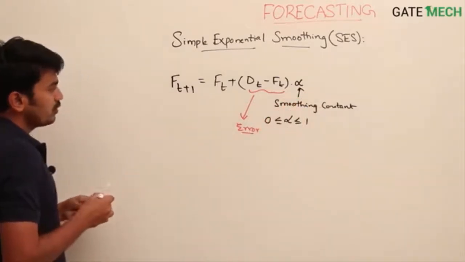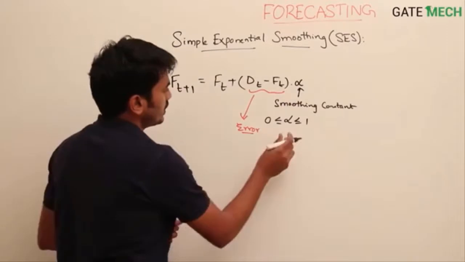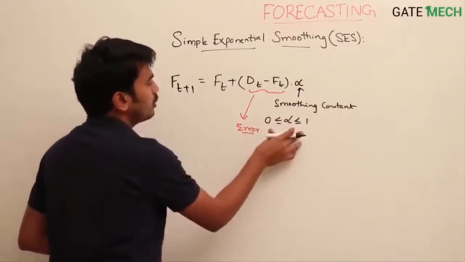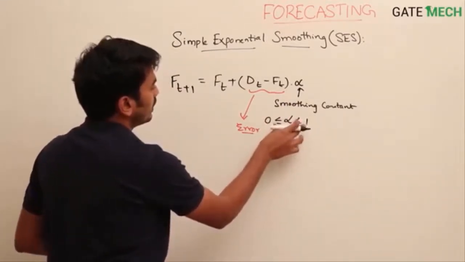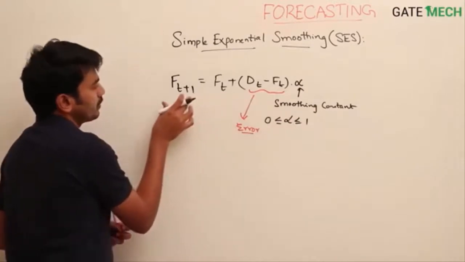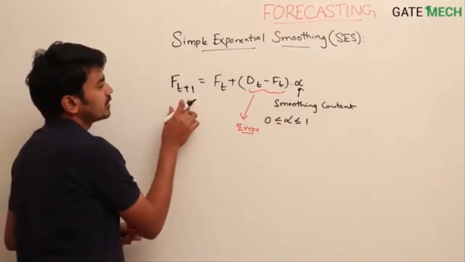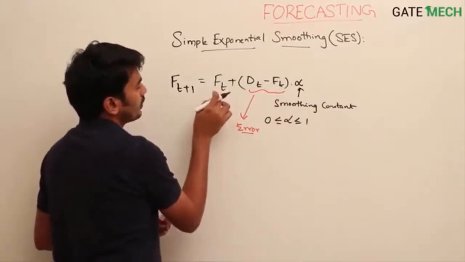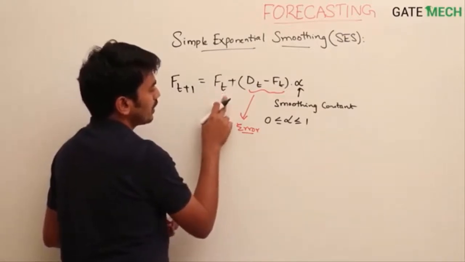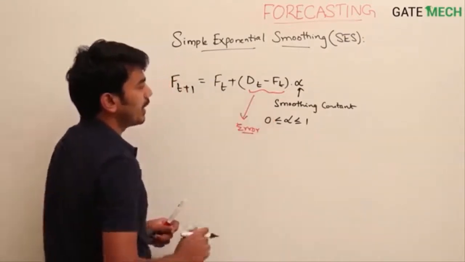The value of this constant defines whether the next forecast gives more weightage to the current forecast or to the current demand.